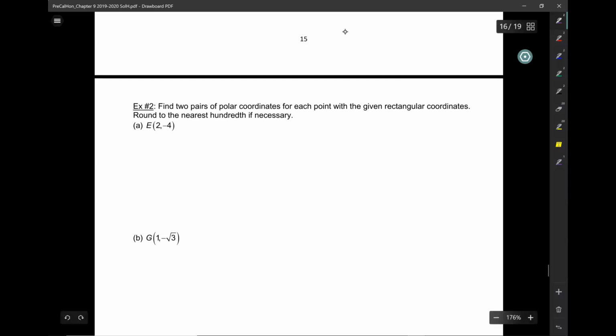Okay, so let's remind ourselves of the unit circle for a minute. Do you remember that this is 0, pi over 2, pi, 3 pi over 2, and 2 pi? So we know that this is 0, and this is pi, and the numerical value of pi is 3.14 radians.